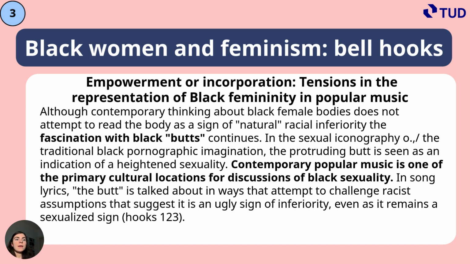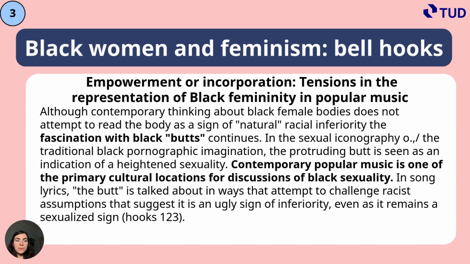So Black sexuality, the black butt, is a symbol of inferiority. Now, what Hooks claims here is that in popular culture, those symbols, those tropes are turned around because they're used by people from this community to represent themselves, to use symbols and tropes that were formerly used to oppress people, to limit people, to portray them as inferior, as a symbol of empowerment.